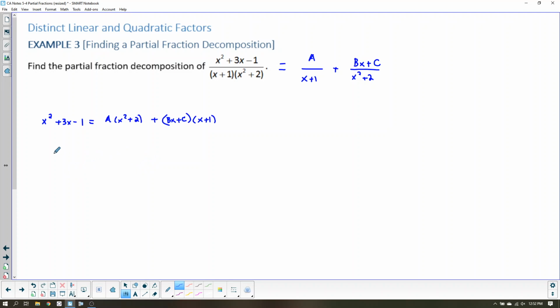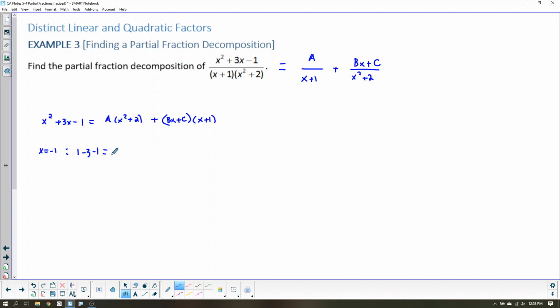Okay, and now we go through the same process again. So we have one obvious value to choose, which is going to be -1. So let's start with that. And again, negative numbers, be careful. So when I plug it into this, I'm going to have a positive 1, because -1 squared is positive, -3 minus 1. We'll simplify that later.